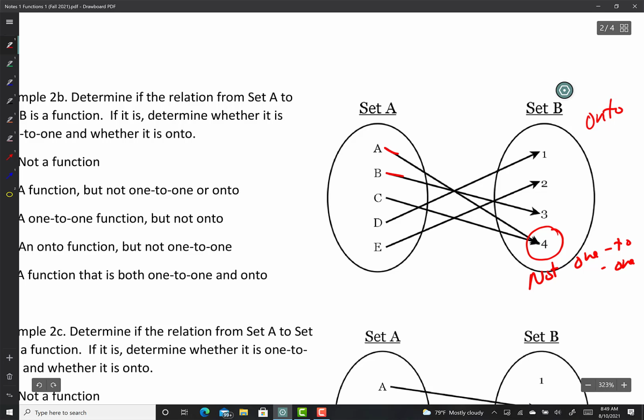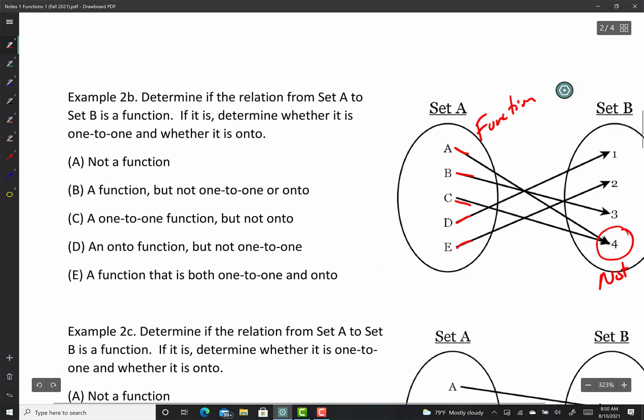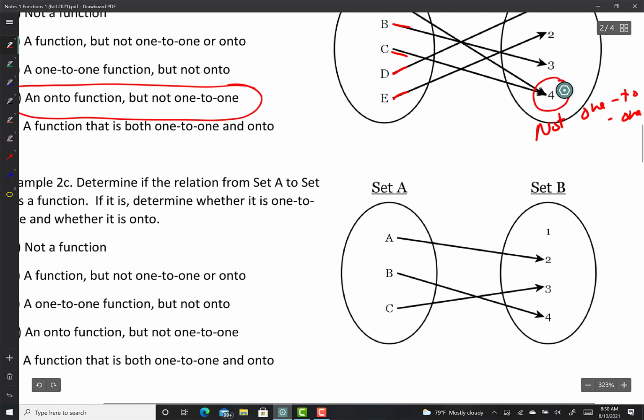But set A, which is like a domain, has one arrow coming out of each element. So is it a function? Yes, it's a function. It is onto, but not one-to-one. Is there anyone that says that? Onto function, but not one-to-one. Yep. See, simple, guys.